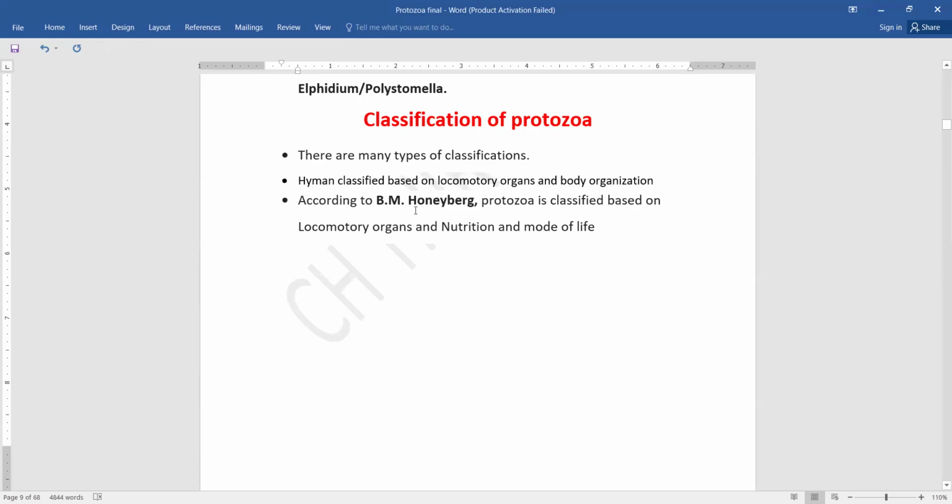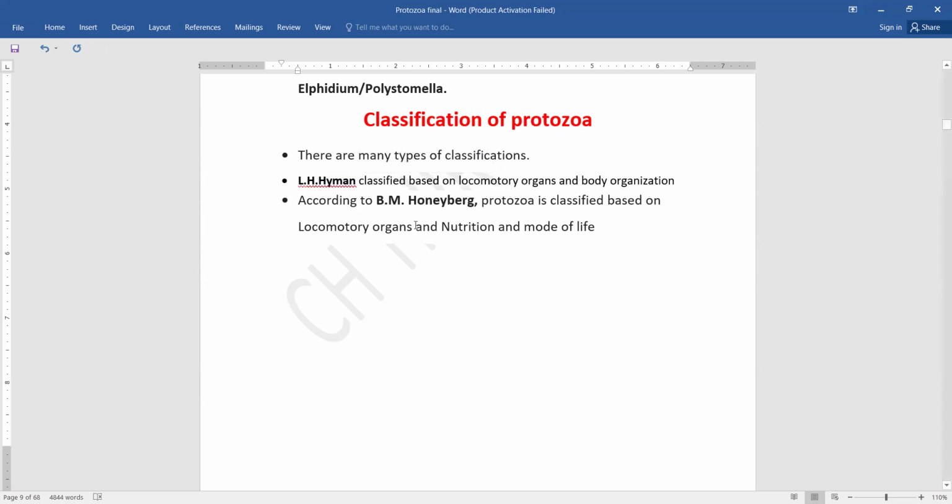Among them, Libbie Henrietta Hyman was a very famous invertebrate zoologist. Until recent times, her classification was followed.